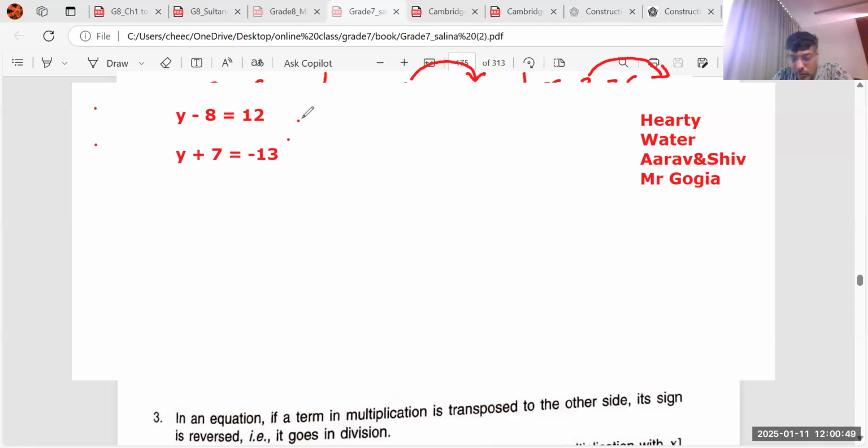Beta, there is just one problem, Mr. Gogia. The answer is correct, but when you show it like this, you have to split the steps also. Otherwise the equation will not be balanced. Putting arrows was not required. I put the arrows just to explain to you. Do we have to send the screenshot? Yes, if you can send it would be good. Otherwise, I have corrected yours.